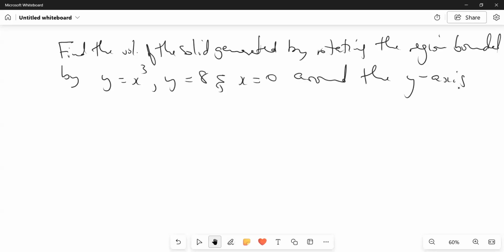Notice this, right? You're not doing it around the x-axis, right? So let's try to draw this.